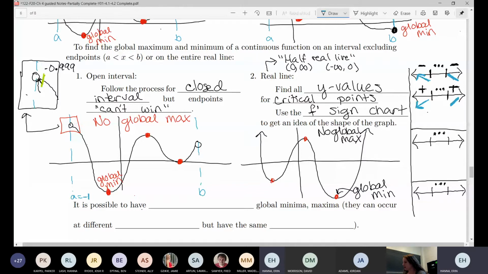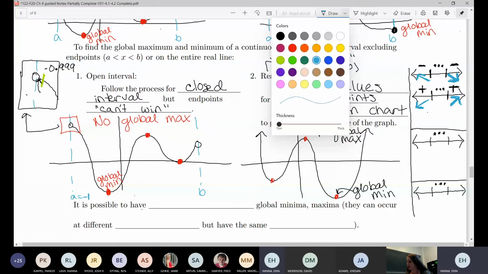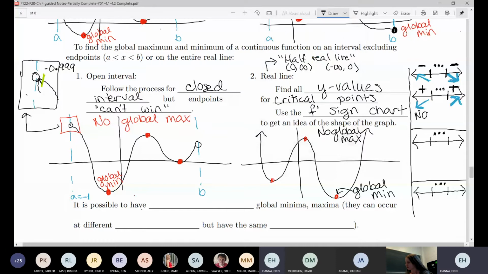Or in the positive positive case, if we're increasing from the left, that means we're going down forever in the left direction, and we would be going up forever in the right direction. Notice that that means it's going up in one direction forever and down forever in the other direction. There would be no global extrema at all in those cases.